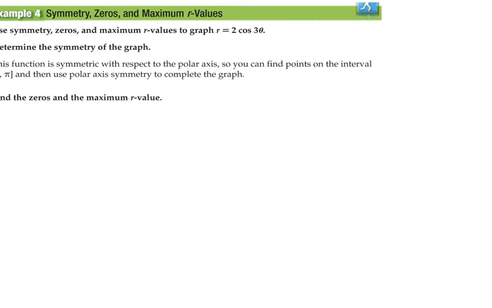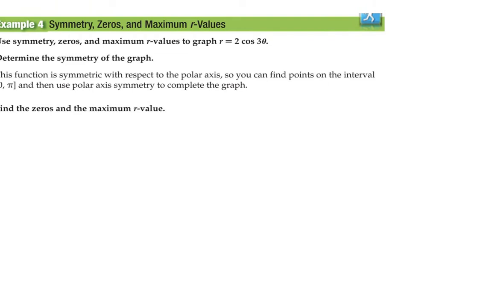So our first step is we need to look at those values from 0 to pi, and then we need to find the zeros and the maximum R value. So what we should be doing is creating a table for the general y equals 2 cosine 3x, so that we can graph a regular rectangular graph.